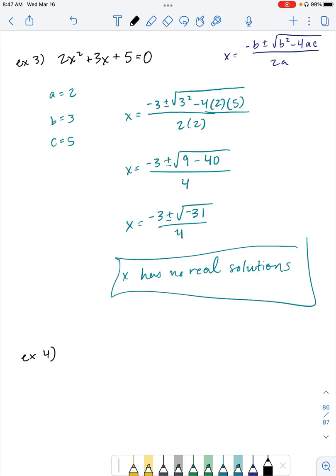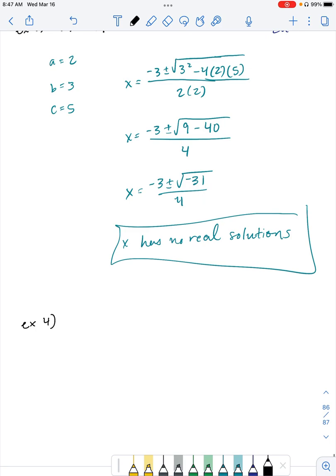Example 4. And this is 0 equals 3x squared plus 4x minus 5. Same thing, we're going to identify a as 3, b is 4, and c is negative 5.